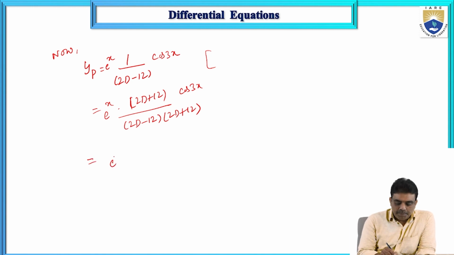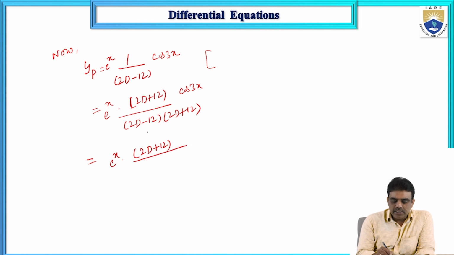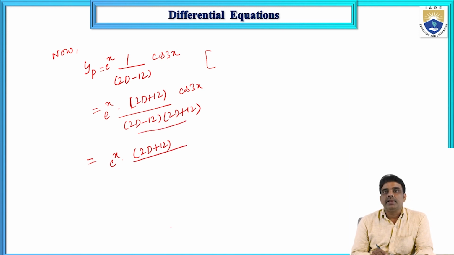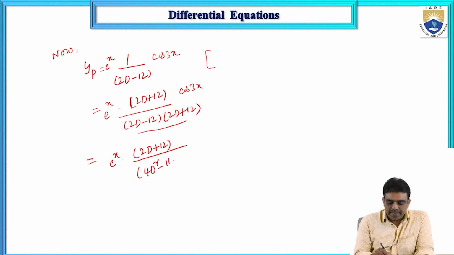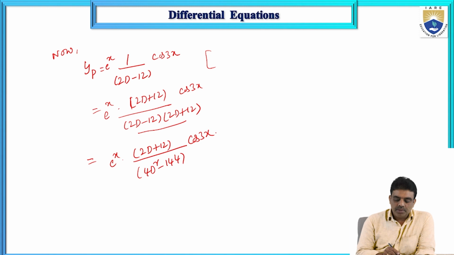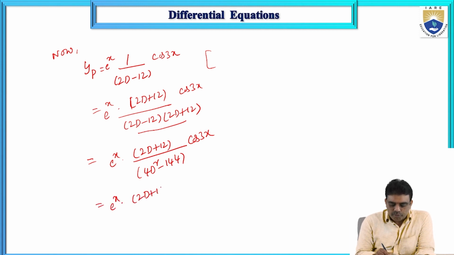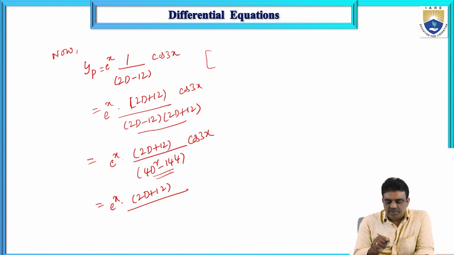Then what we will get? e power x of 2D plus 12 by, in the denominator it is a plus b into a minus b form, so 4D square minus 144 of cos 3x. Now this is e power x into 2D plus 12 by, again a function of D square.